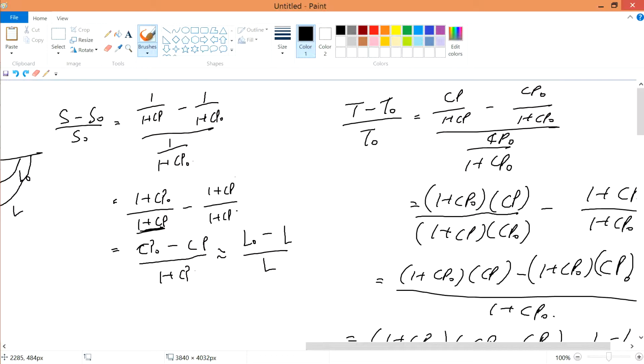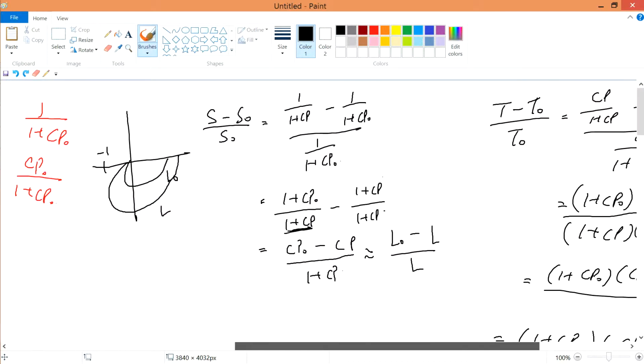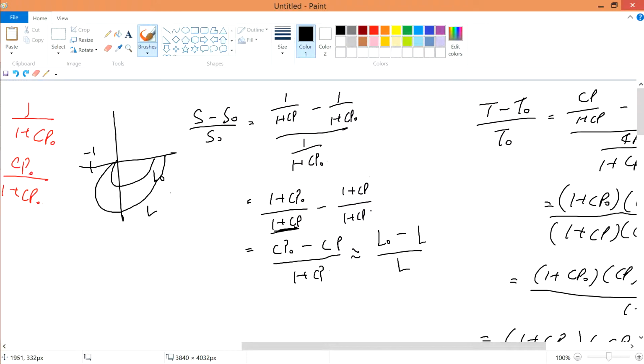We know that Cp naught and Cp are just a gain, or a loop gain, you could say. So we can rewrite this as L naught minus L over L. What this means is that it's the distance between L and L naught with regard to L itself.